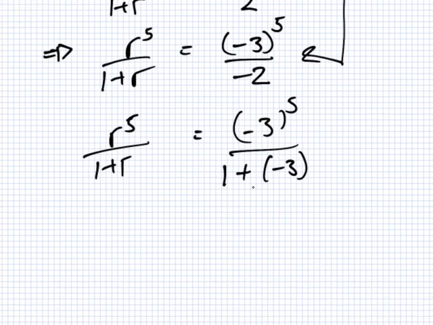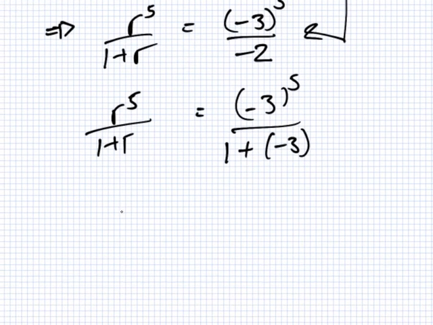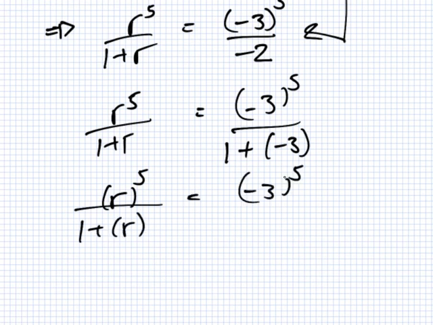Now look exactly at what you have. Once you see it, you can't unsee it. So we have r^5 over 1 plus r equals (minus 3)^5 over 1 plus minus 3. So obviously r has to be minus 3.